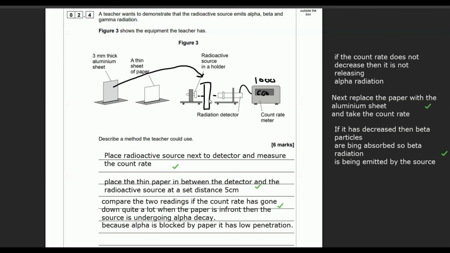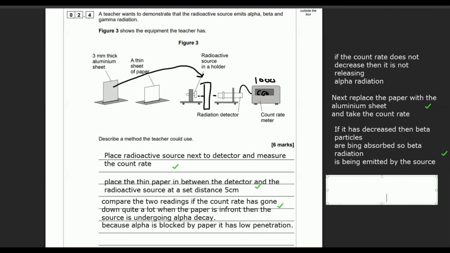And what we can say there is, however, if the count rate does not go down at all, then the source must be emitting gamma, as this has high penetration, only stopped by thick lead or thick concrete.